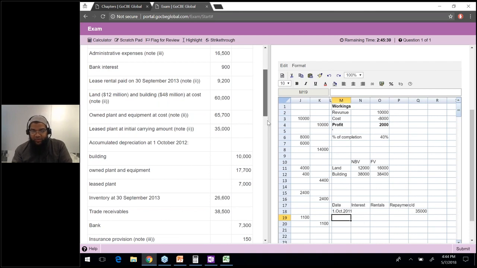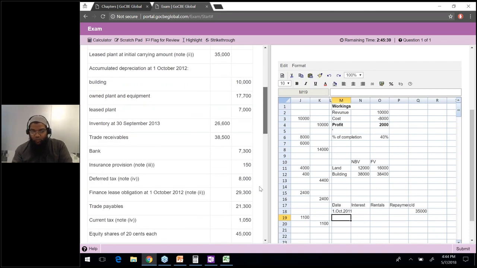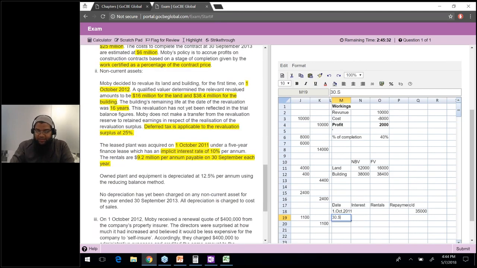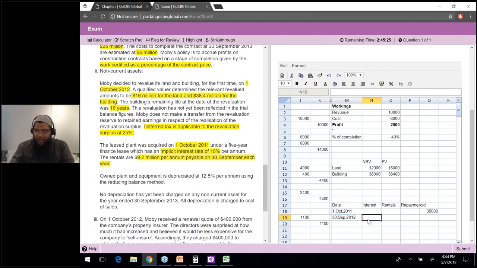Now the lease rentals are being paid at each year end by 9.2 million. So the first rentals would have been paid on 30th September 2012, which was the last year. And the interest would have been 10%, with the rentals being 9,200, and out of 9,200, 3,500 is the interest. So the repayment would become so the carried down would become 29,300.